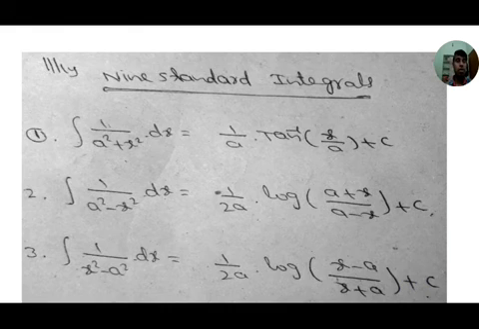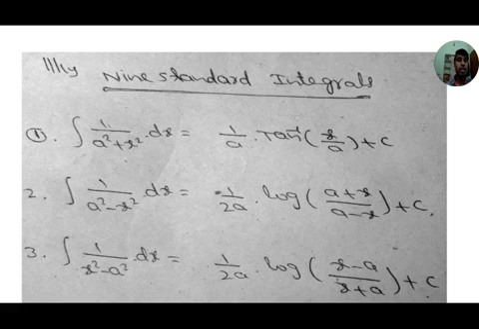First, remember these as formulas. Integration 1 by a square plus x square dx equal to 1 by a tan inverse x by a plus c. Integration 1 by a square minus x square dx equal to 1 by 2a log of a plus x by a minus x plus c.